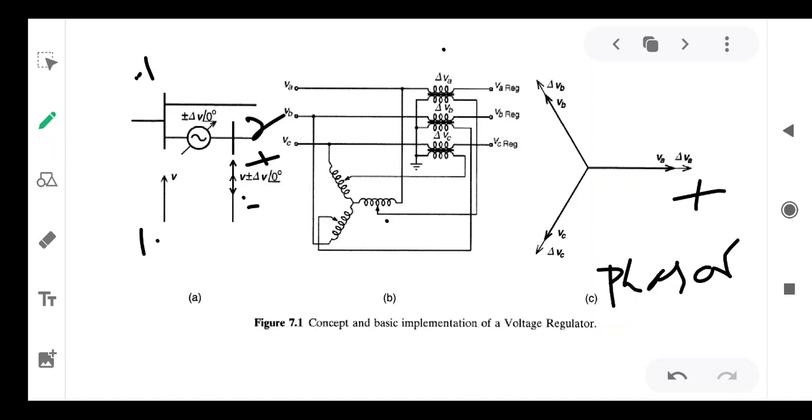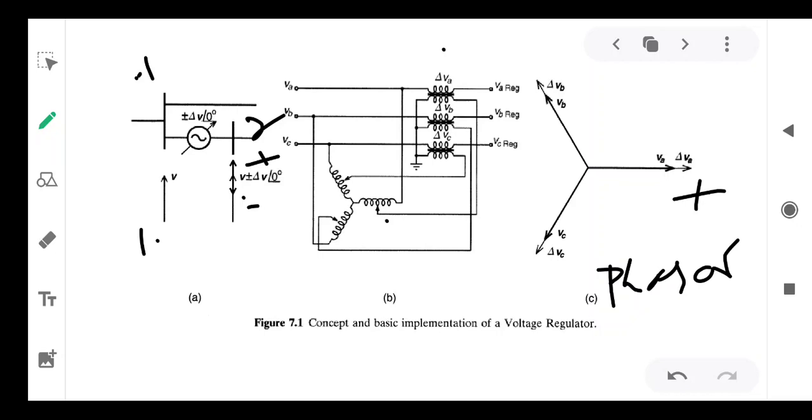It may be VA, VB, VC at all three phases, phase A, B, C respectively. Now the phase angle equivalent: here the voltage control can be taken as an equivalent voltage source delta V at an angle 0 connected in series with the line.